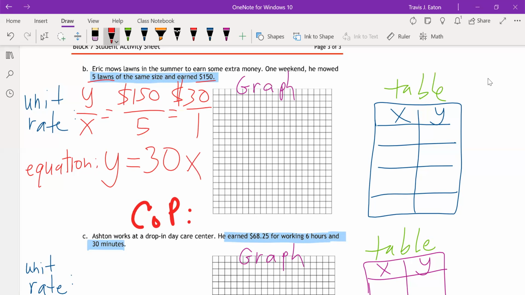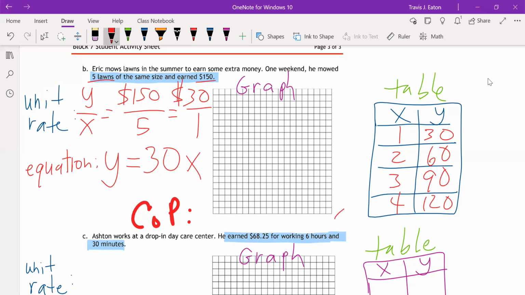When we go to our table, 1 lawn, $30, 2 lawns, $60, 3 lawns, $90, 4 lawns, $120. And of course, 5 lawns was $150. So there's our table with 4 values.